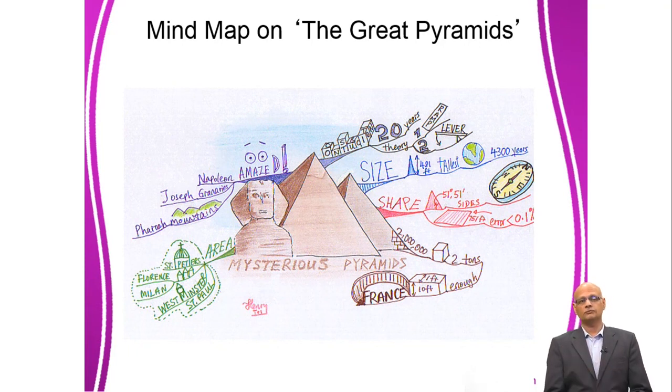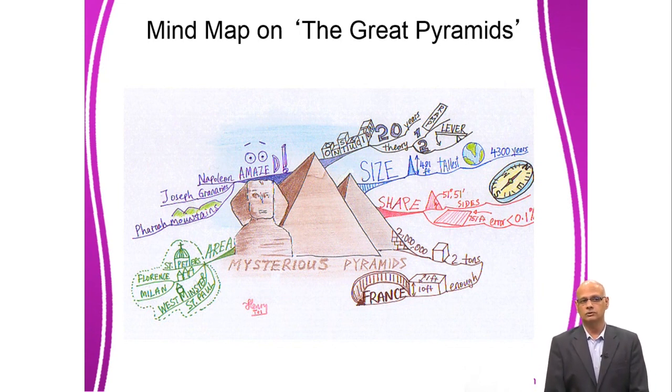So, for example, if we have to read this mind map, we start at the 1 o'clock position and go clockwise. So, it says construction, 20 years. Theory 1 says that it used a ramp.